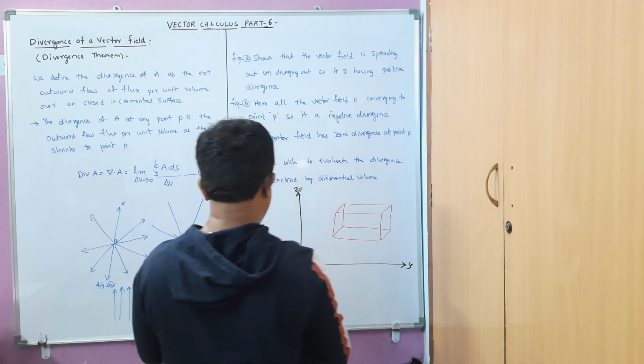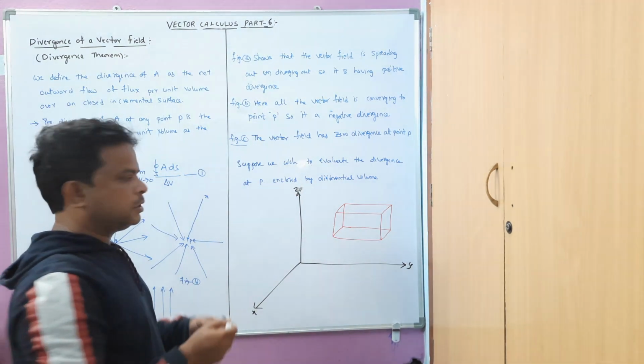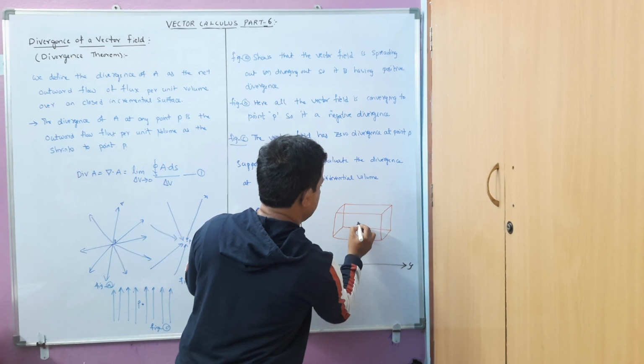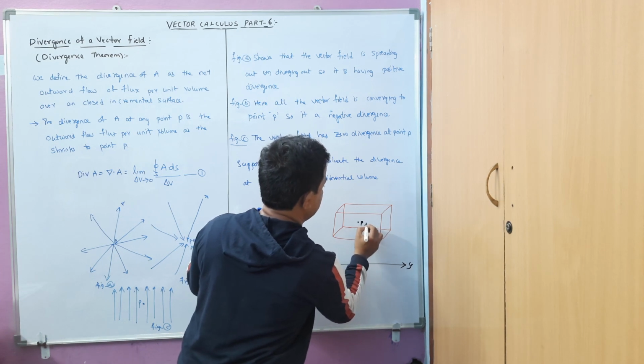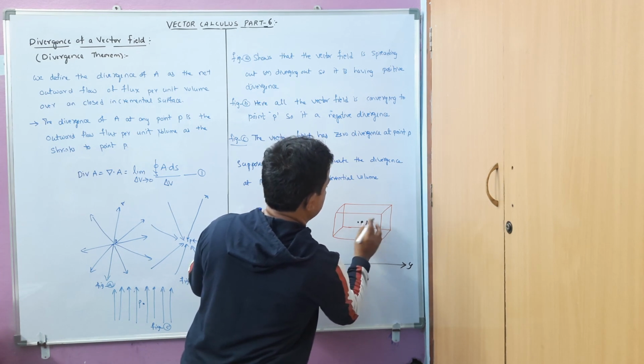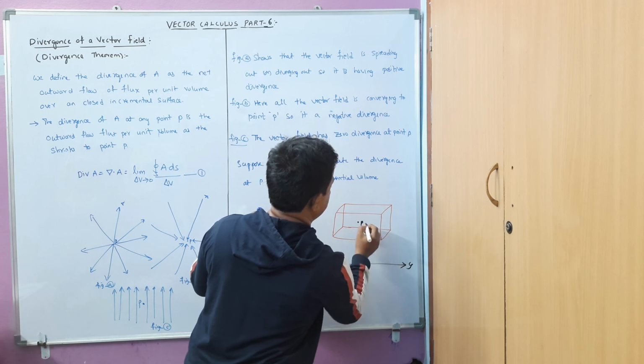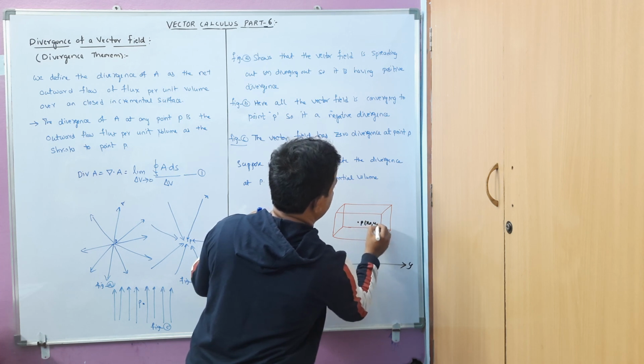So now I have taken the differential volume. Now we are going to calculate at the point P. This is point P, that is of A, with coordinates x naught, y naught, z naught.